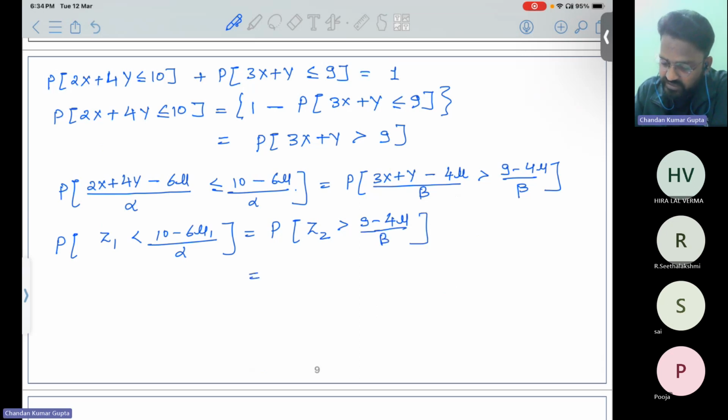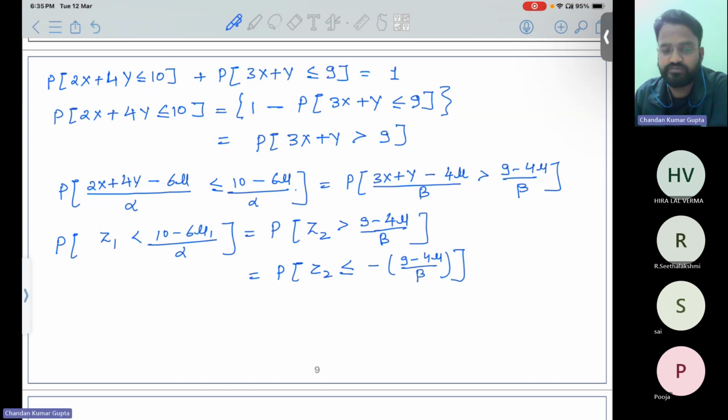We can also write this as Z2 less than or equal to minus of 9 minus 4 mu upon beta. Is it simple? We have taken the negative sign, so the direction of the inequality changes.